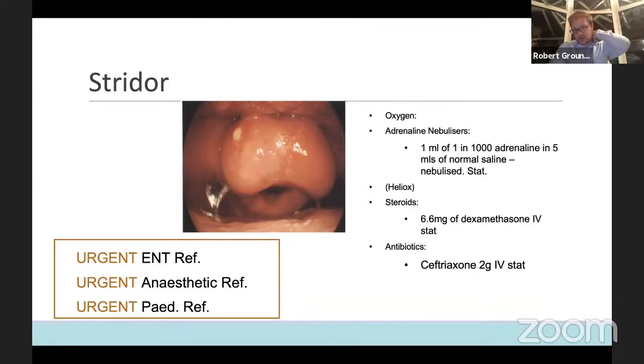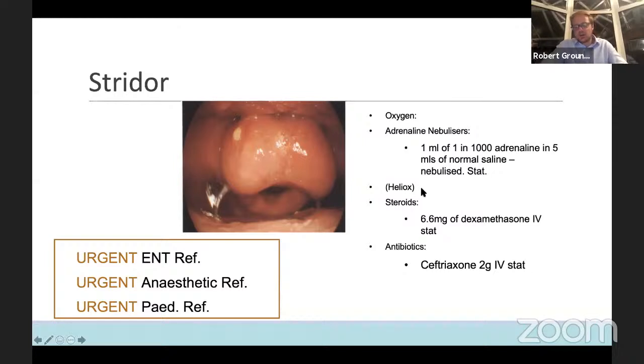There's a nice and easy way to remember it. It's 1 mil of 1 in 1,000 adrenaline, and then just plonk it into the nebulizer cup in A&E, the normal one that you'd use when you've got an asthmatic coming through, and then fill it up to the top with 4 mils of normal saline, and that's your thing. So anyone can make that up.